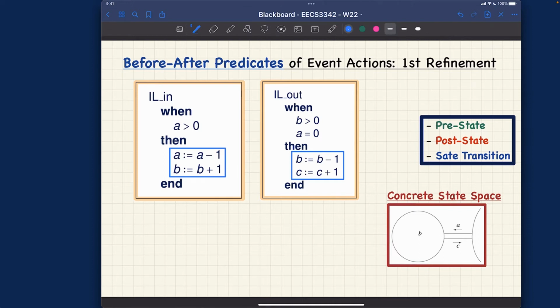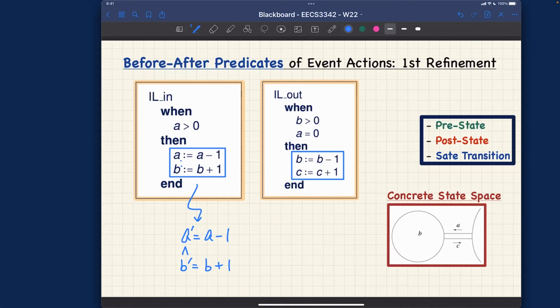Apparently we can definitely write down, first of all, the variables that are actually mentioned in the actions. In this case, we mentioned A and B. So that means A prime should be equal to A minus 1. And you always conjoin the before-after predicate for each individual action. And also, B prime is equal to B plus 1.